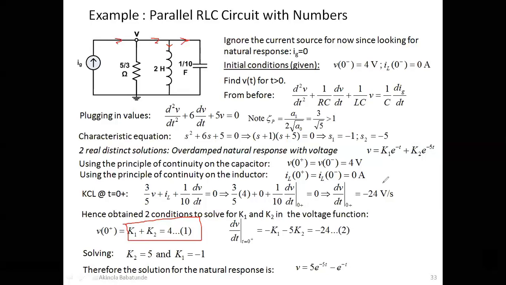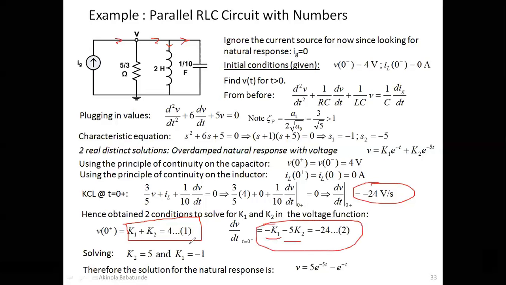And we know our dV/dt already is equal to minus 24. So it just becomes minus 24 equal to what we obtained here. It will be equal to minus K1 minus 5K2, and then you equate it to minus 24. So this is exactly what you're going to obtain.